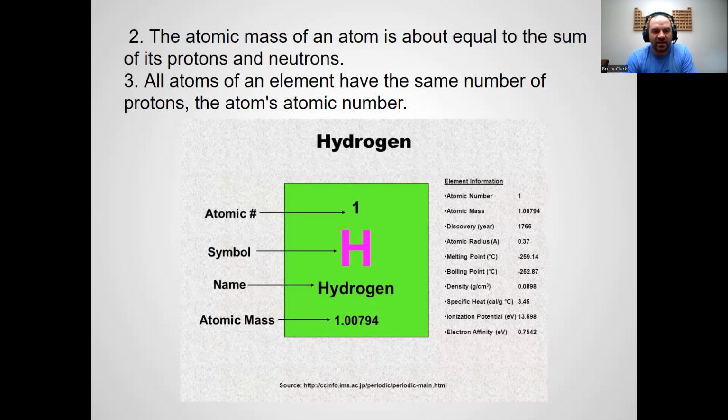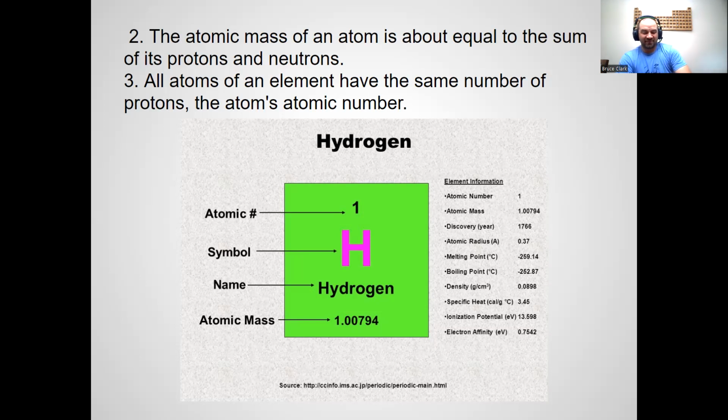Remember, this is a weighted average, so the majority of hydrogen atoms just have one proton, but there are some hydrogen atoms that have a proton and a neutron, or a proton and two neutrons, etc. So the number of neutrons can vary. We call those isotopes. That's going to come back later.